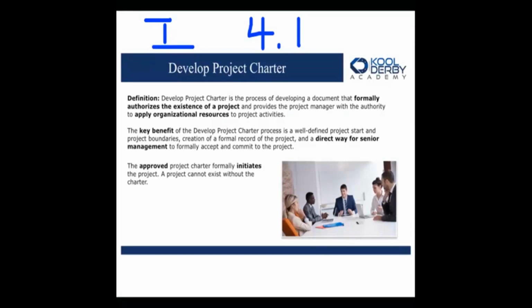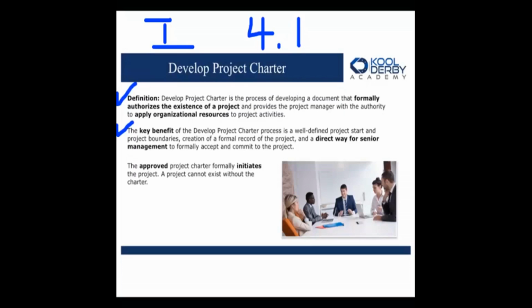Now, I don't want you to memorize it because that's not important, but you should understand what it means, and you should know the key benefit. For all 47 processes, you should have a general idea regarding the definition and the key benefit. Not to memorize, because especially if you're thinking about the PMP, memorization is only going to get you so far. It's not going to cross the finish line for you. So just be able to identify it.